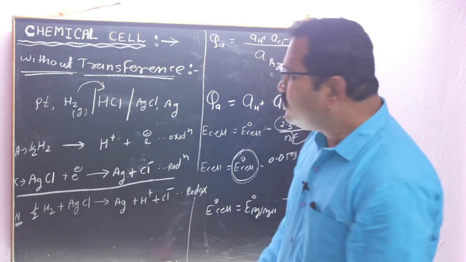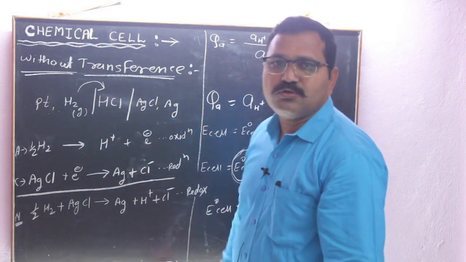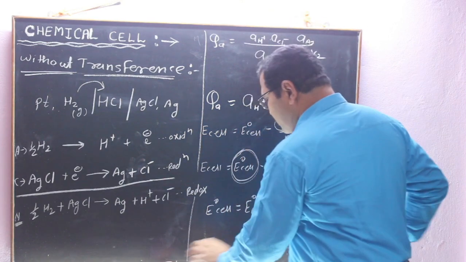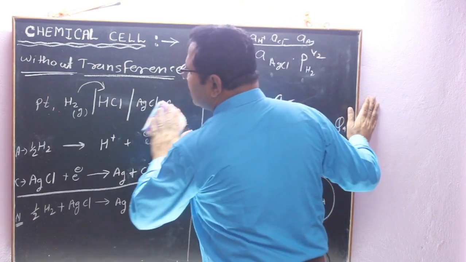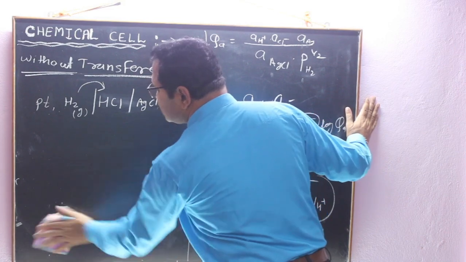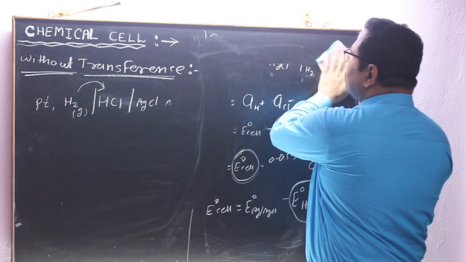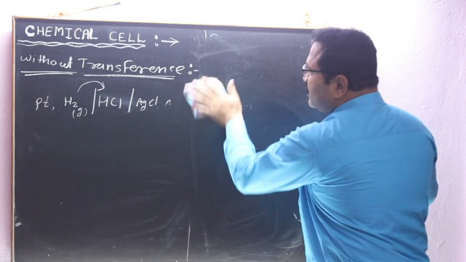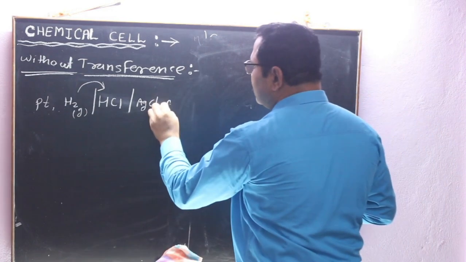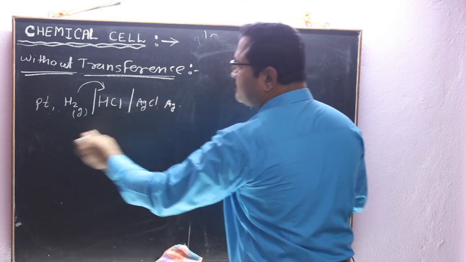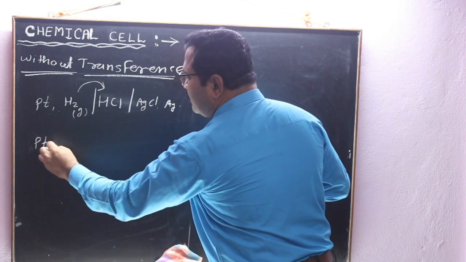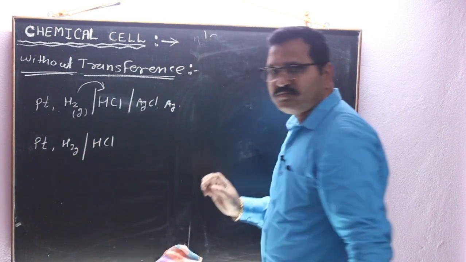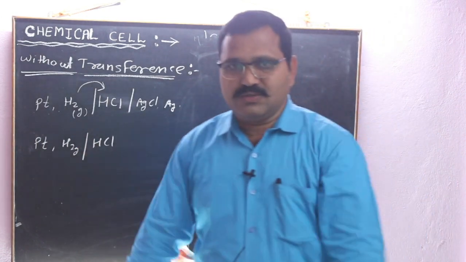Now, instead of using this electrode, you can take different types of electrodes. For example, I will take only HCl as the electrolyte solution. What happens here? Instead of taking Ag, AgCl, you can use platinum, H2 gas, HCl. We are using the same electrolyte solution.